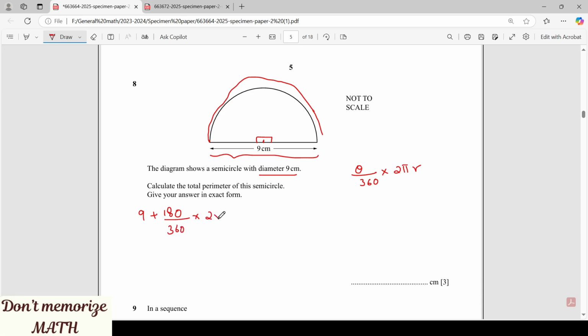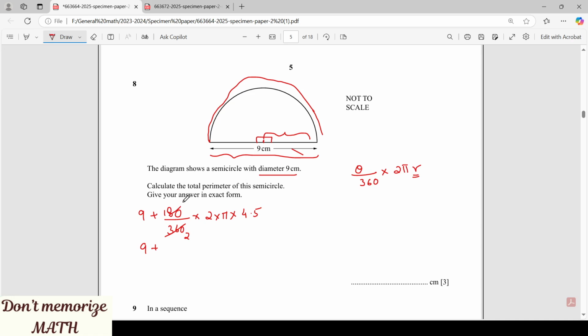So 2 times pi times the radius. What is the radius? 9 divided by 2, that is 4.5. So 9 plus, what is 180 over 360? You will get 1 over 2, or you can cancel, both of them are multiples of 180.